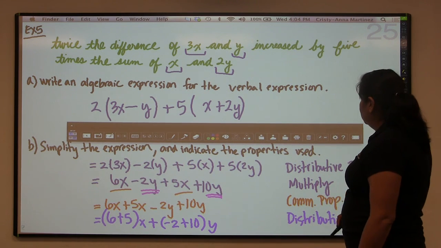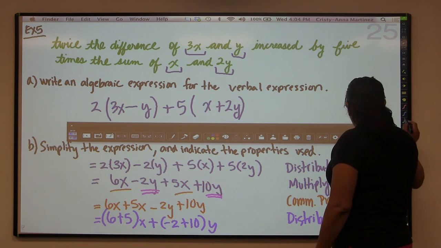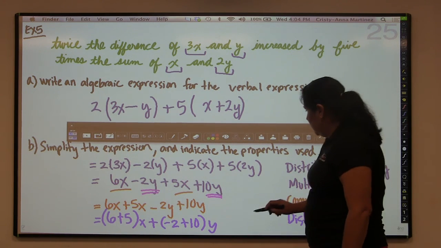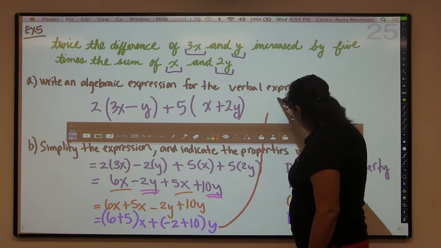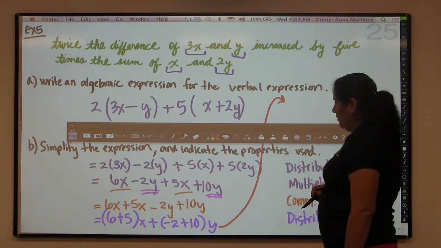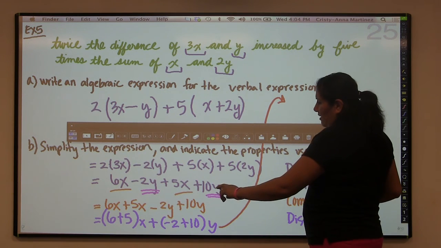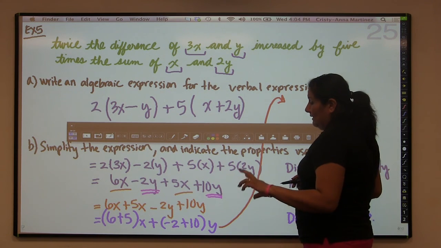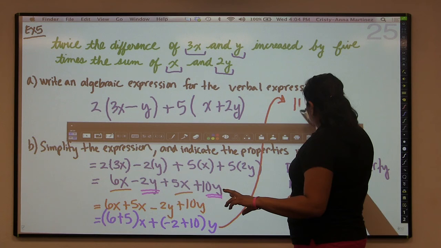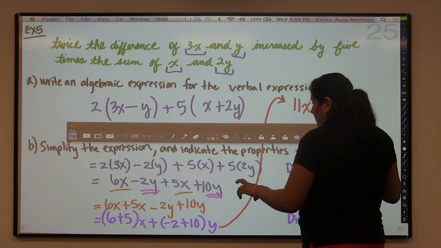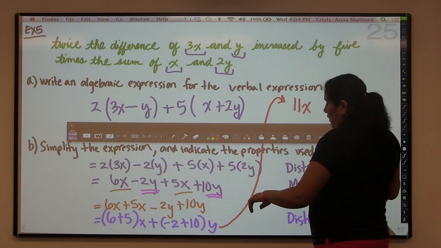So we're going to put our answer maybe up here. Please follow me if you will. We're going to take this guy and kind of bring it up here. So our last step is that we're going to take the 6 and the 5, and we know that 6 and 5 equals 11. And then negative 2 and 10 equals 8.